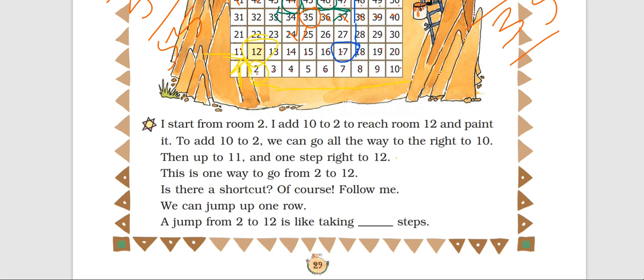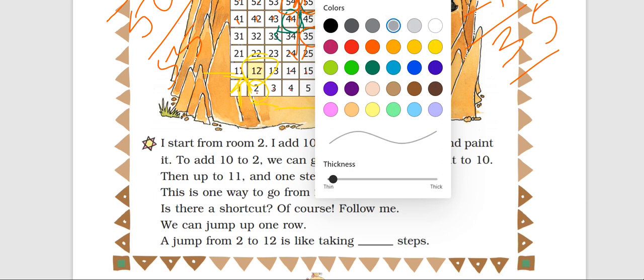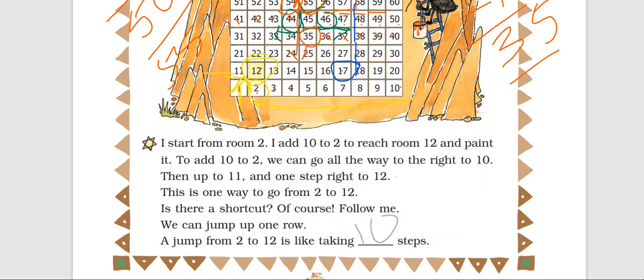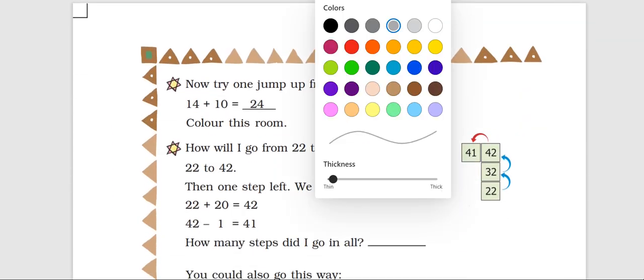Okay. Is there a shortcut? Of course. Follow me. We can jump up one row. A jump from 2 to 12 is like taking how many steps, kids? 10 steps. So I write here 10. Now let's look at another example.